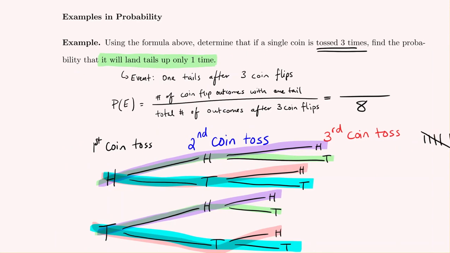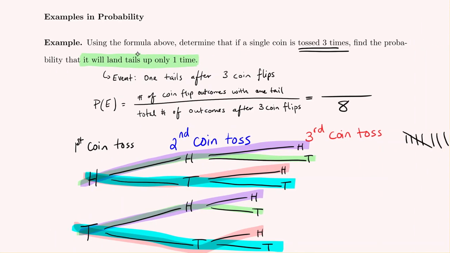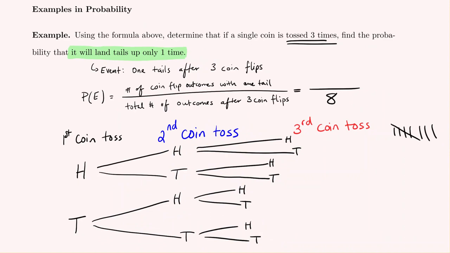Now of these 8 ways, let's see which meet our criteria that we have tails up only 1 time. So we will look at each of these 8 occurrences and see who has tails up only 1 time. Heads, heads, heads has no tails. Heads, heads, tails has tails up only 1 time, so that's 1 occurrence that we wanted. Heads, tails, heads also has tails up only 1 time.